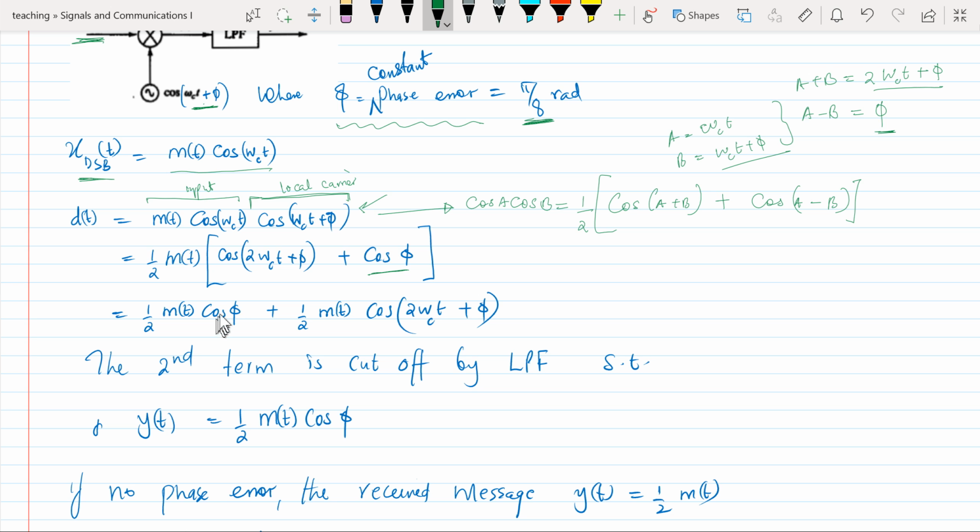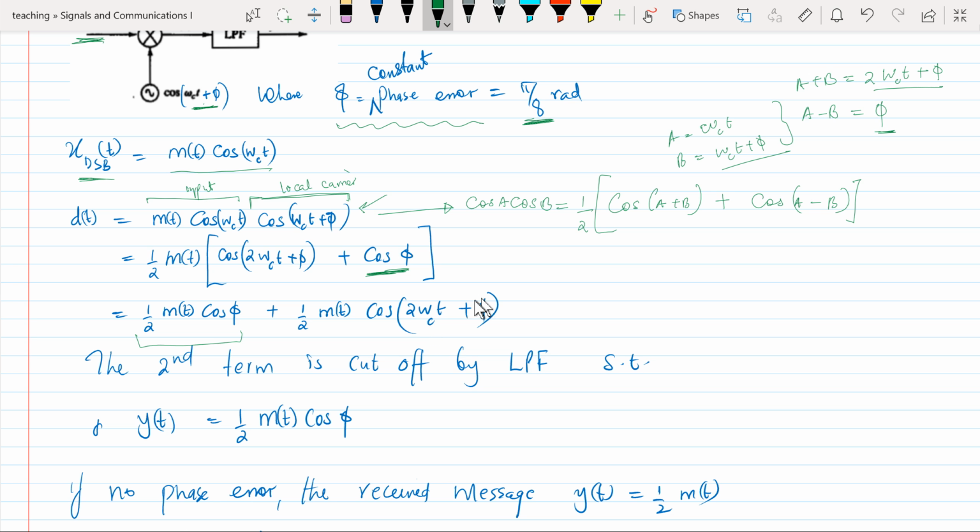Once we do that, we can open up the bracket, and we get this term and the other term, 1 over 2 m of t cos of 2 omega c t plus phi.